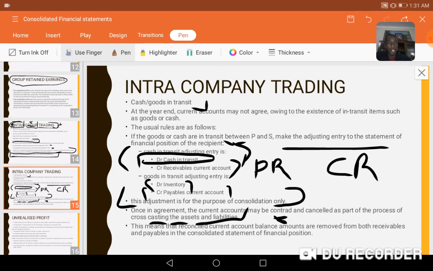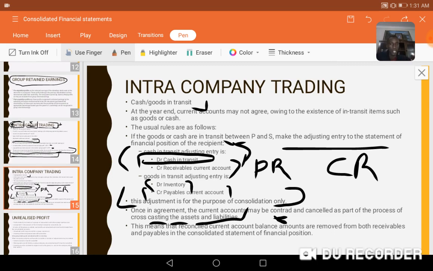Remember, in consolidation, we add line by line assets and liabilities, except the equity section, where, if you remember well, we use the share premium and share capital for the parent, and we add the earnings for the two parties.